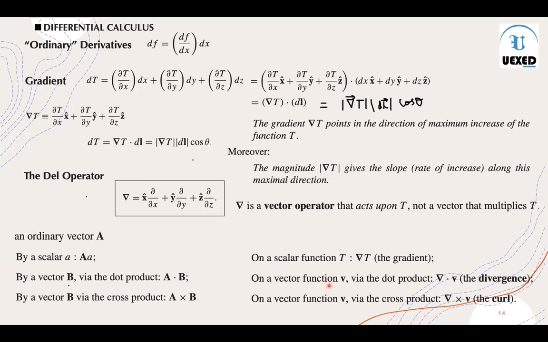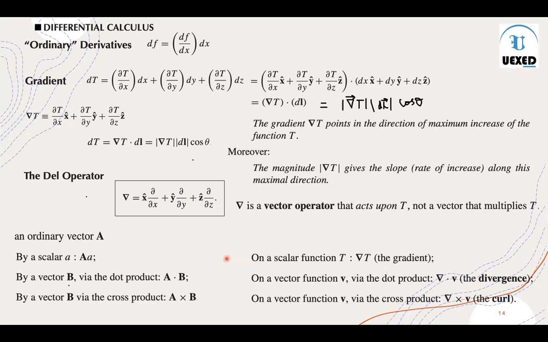However, when it acts on a vector function, as you asked, we have a dot product, and we call this the divergence. Similarly, since it is a vector, we can also have a cross product, and we call this a curl, and this has a physical meaning. What those physical meanings are, I'm going to tell you in a while. But is this question clear to you? I mean, the question which you asked.